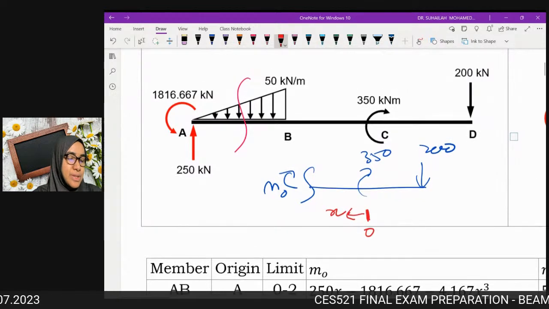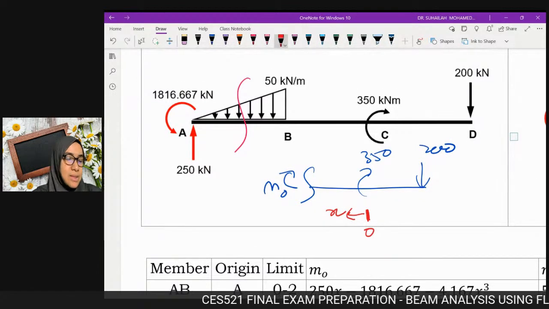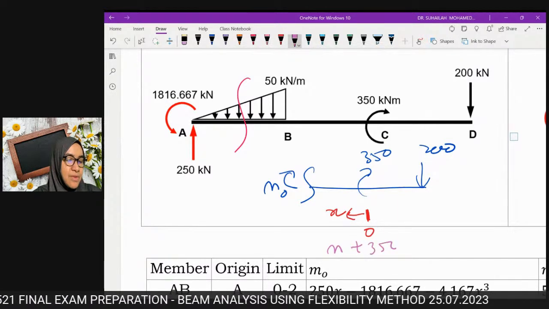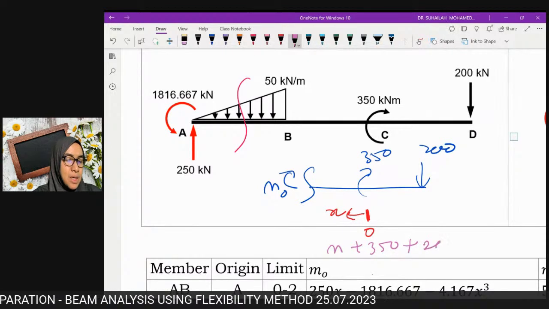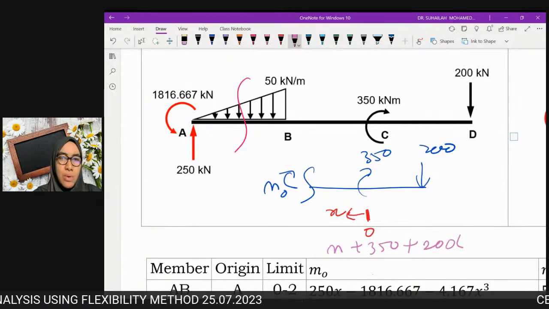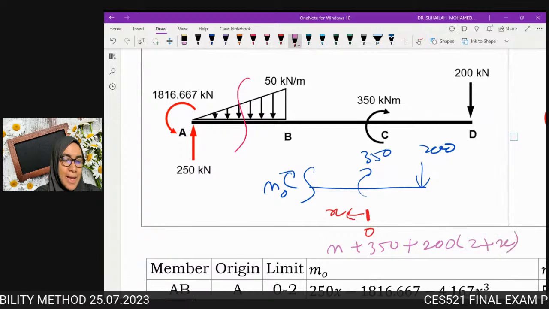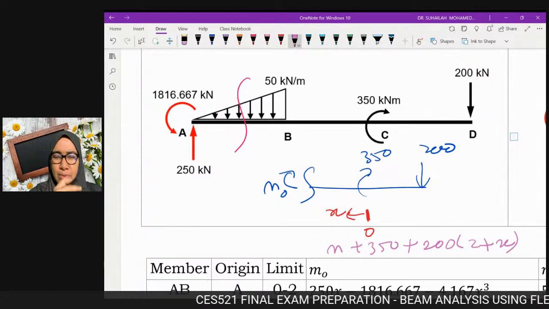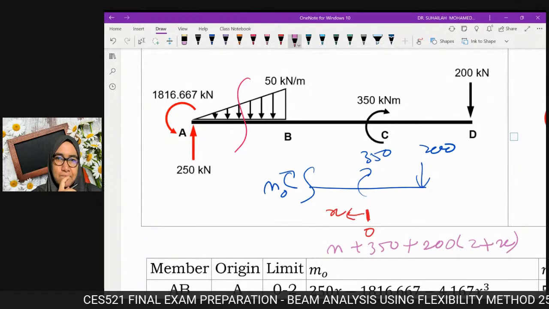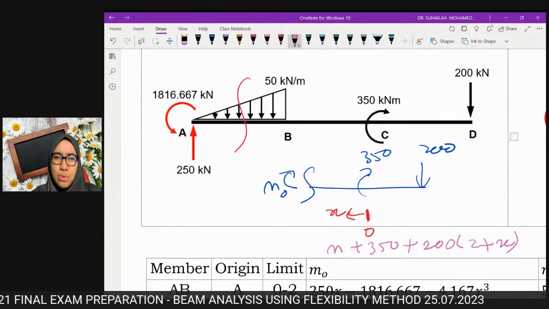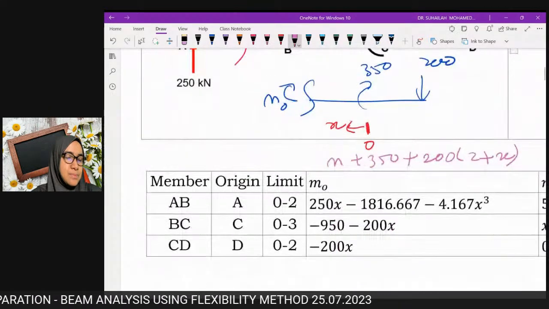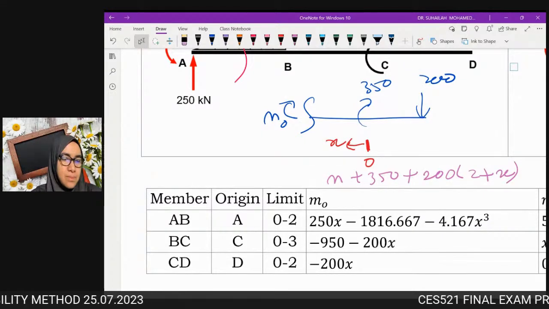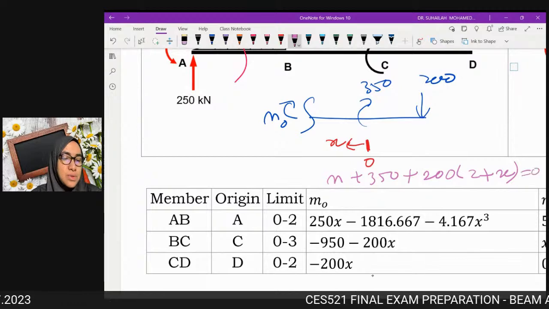Due to this, what we get is M plus 350 plus 200 times 2 plus x, and this is equal to 0.